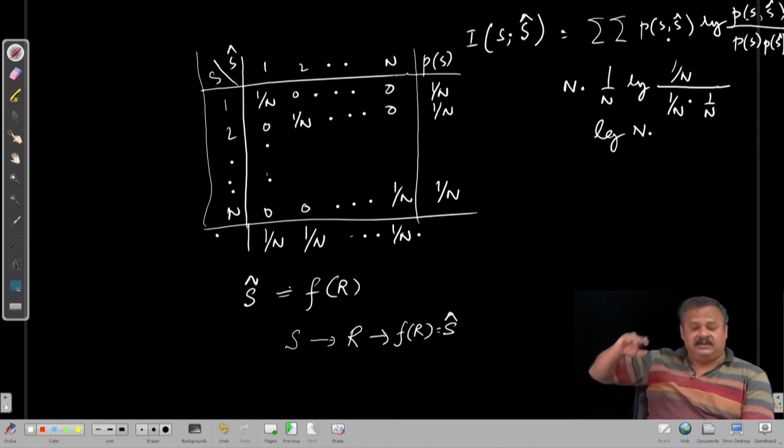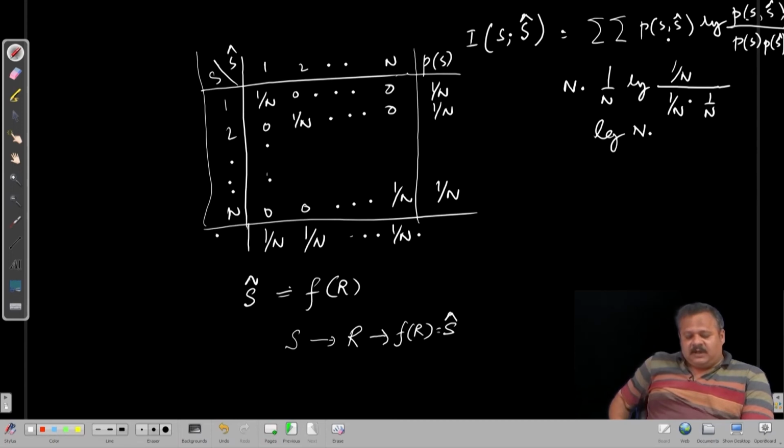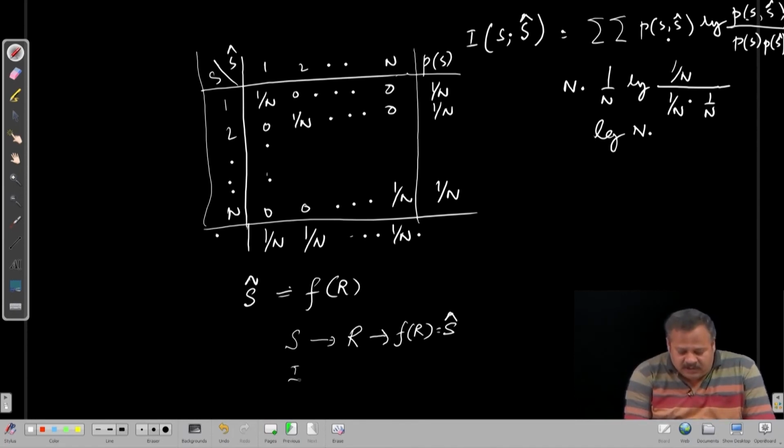So, this is again the same sort of Markov chain description of a sequence of three random variables related in this manner, where given the response, S and S hat become independent of each other. And so, we know that the mutual information between S and R is greater than or equal to the mutual information between S and S hat.